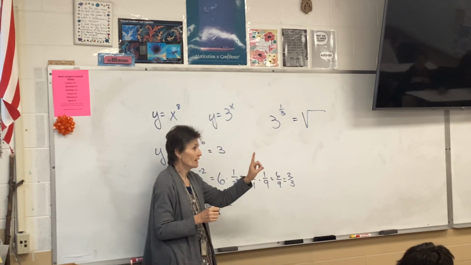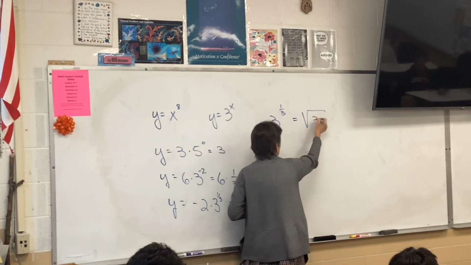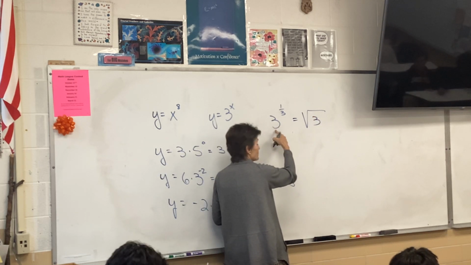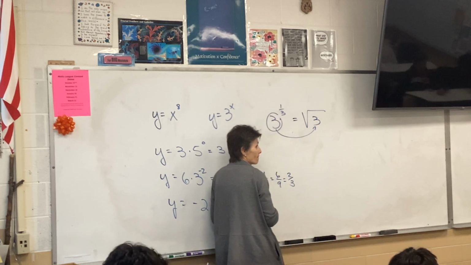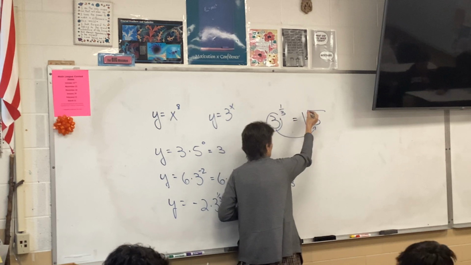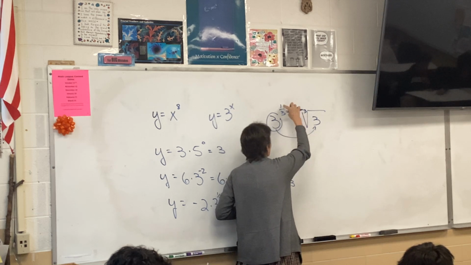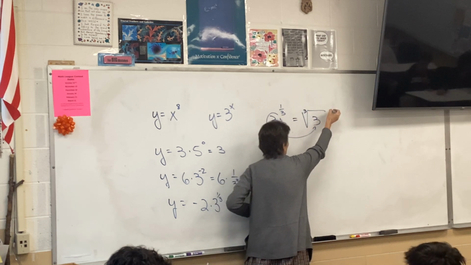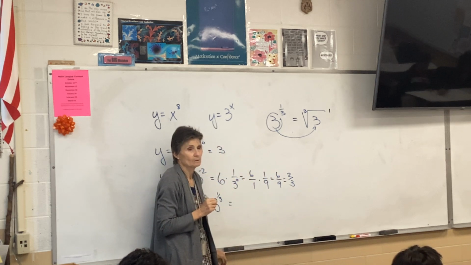Fractional exponent's gonna be a radical every time. Under the radical is gonna be the base. So this is a little confusing because that's a 3, but this goes under the radical. The base of the exponent tells you which root to take, and the numerator of the exponent tells you what power to raise it to.